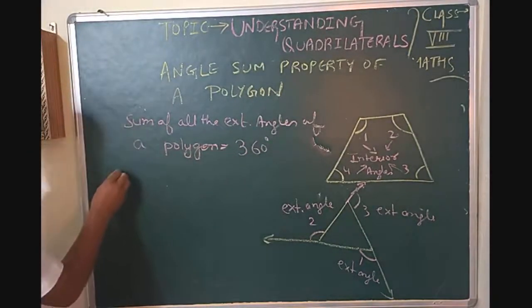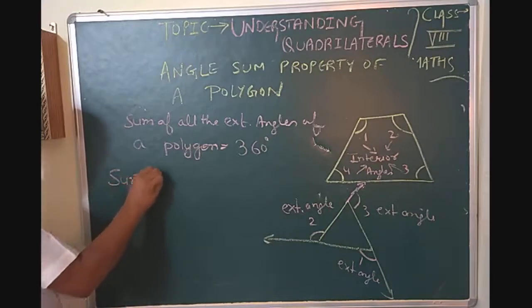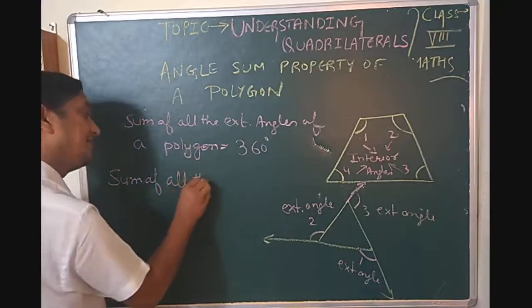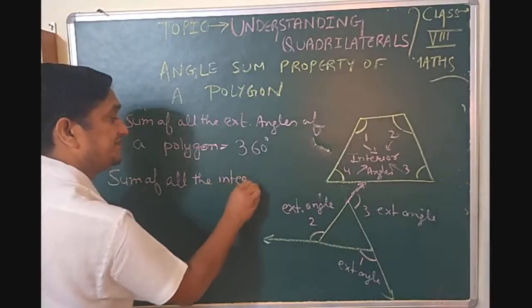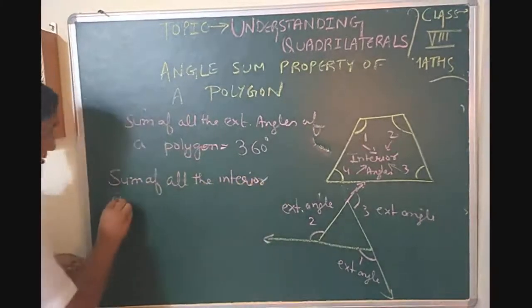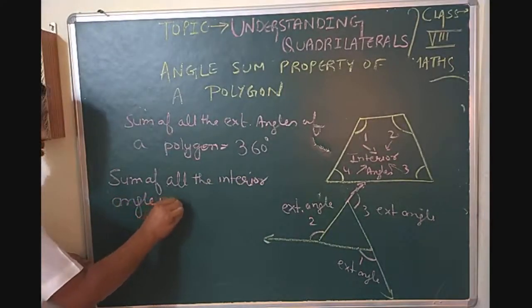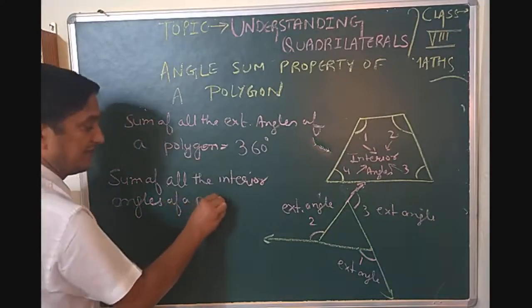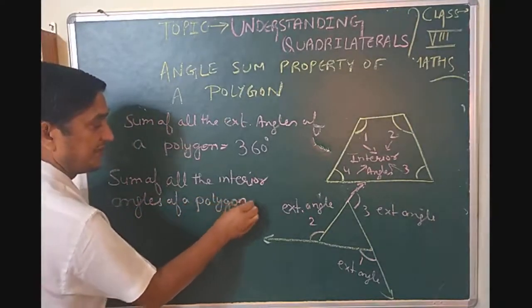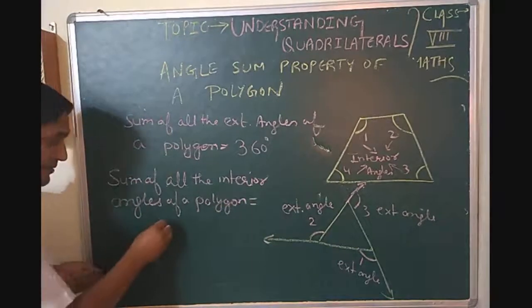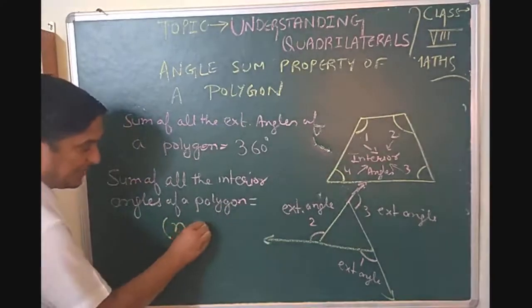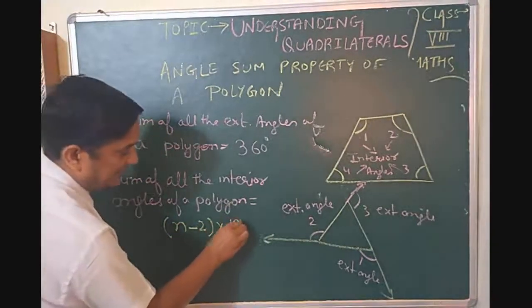And sum of all the interior angles of a polygon is equal to, please listen, n minus 2 into 180 degrees.